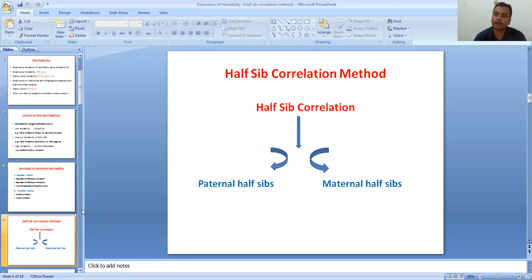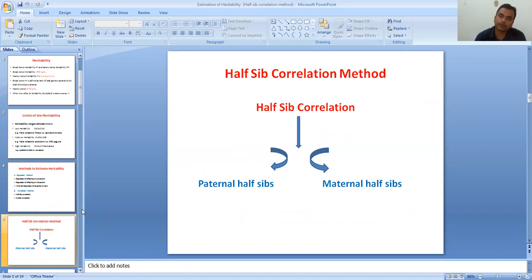Then again, because of maternal effects, pre and post natal, particularly in litter bearing animals, they have much more similarity, and these two factors hamper the heritability. That's why we geneticists most preferably go for half-sib correlations.